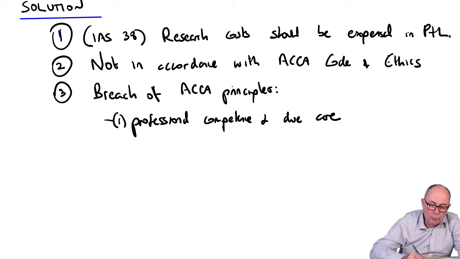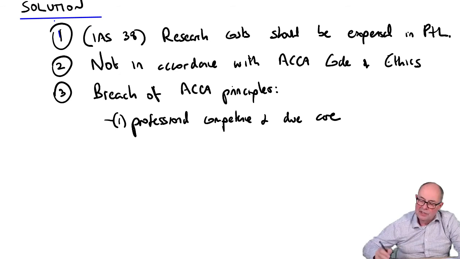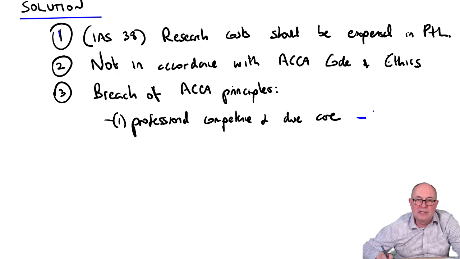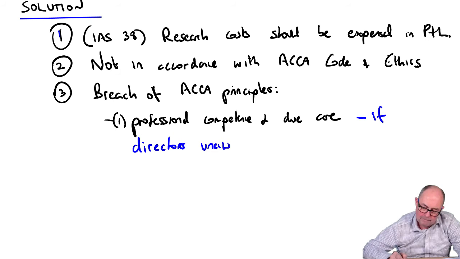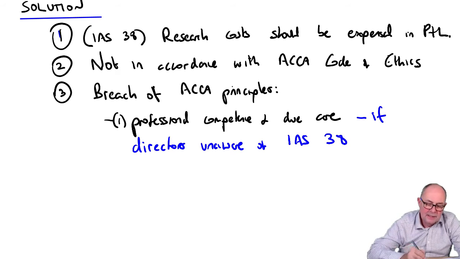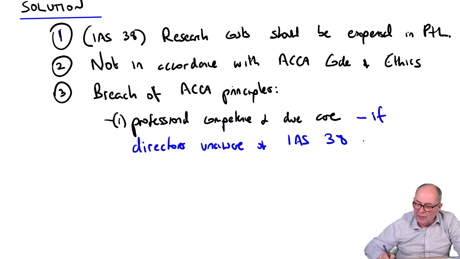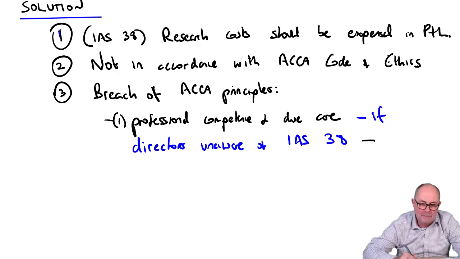Now explain why that's relevant. So again, if the directors are unaware of the rule, I'll just put IAS 38 and try and indicate that you know something from the definition of professional competence and due care.